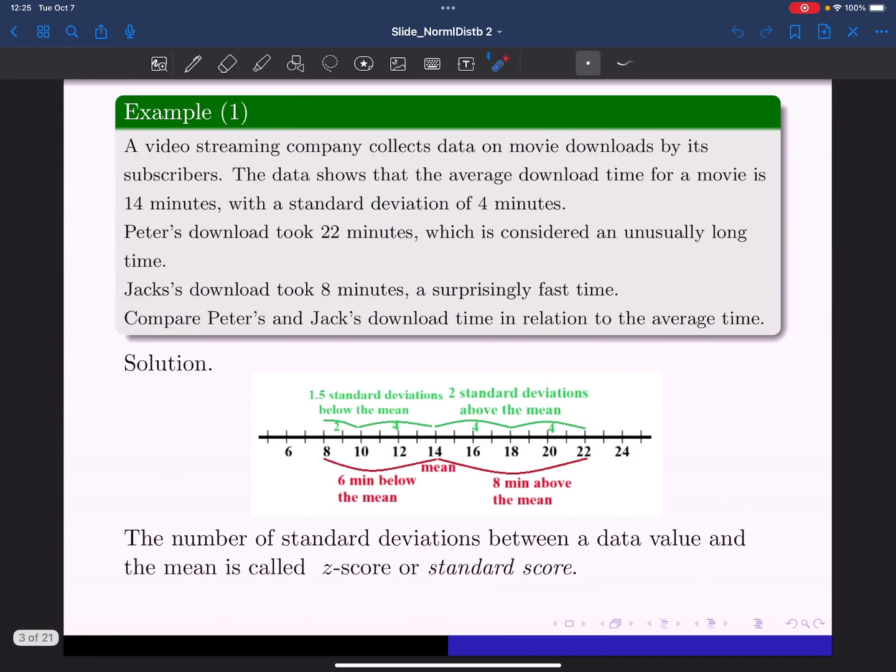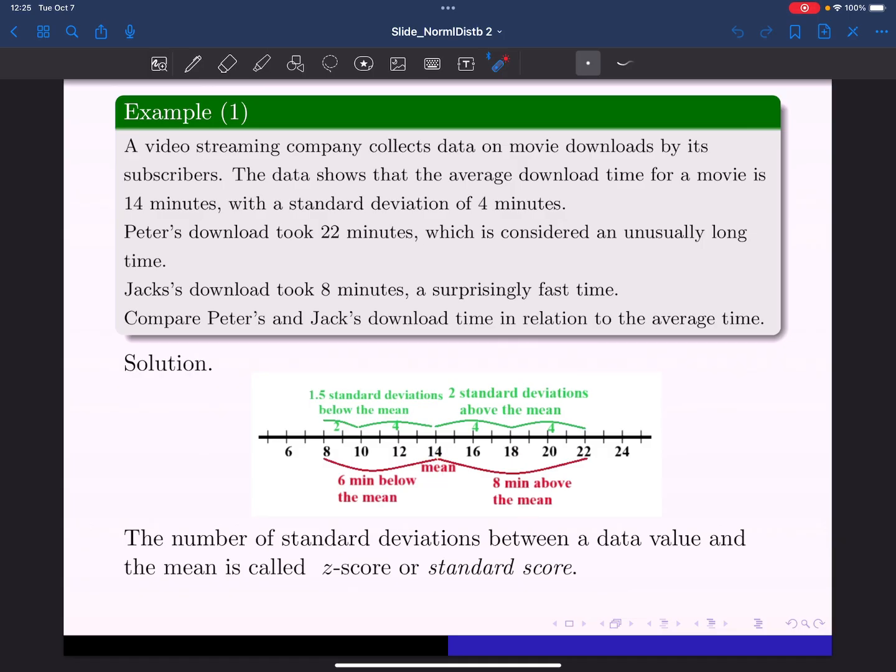So let's look at the solution. If we have the mean, the average is 14 minutes, and we mark 22 minutes, Peter's time. So if this one was 14 and Peter's download time took 22, that means Peter is 8 minutes above the mean, above the average.